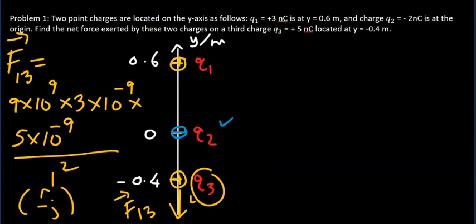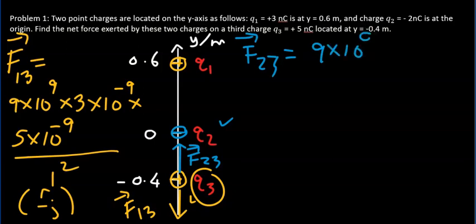The next contribution is due to Q2. Q2 would attract Q3 towards it, so the force due to that is going in that direction. Let's call it F23. So the expression for F23 is the constant 9 times 10 to the power 9, the product of the two charges, Q3 is 5 nanocoulombs, so 5 times 10 to the power minus 9, and Q2, which is a negative charge, is 2 nanocoulomb.